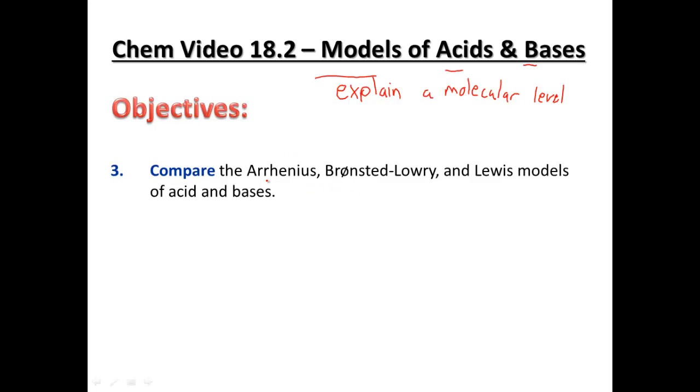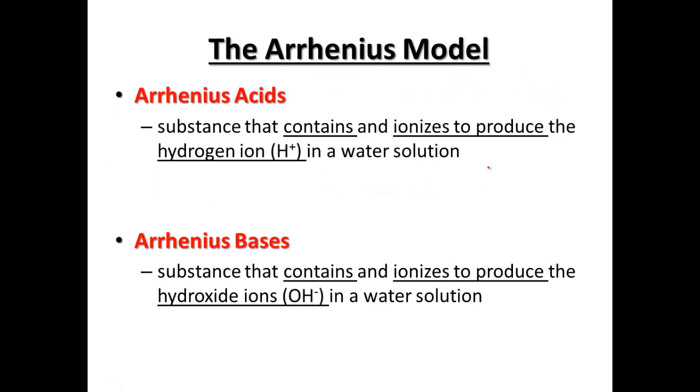The models we're going to look at are the Arrhenius model, the Bronsted Lowry model, and the Lewis model. Bronsted Lowry is the one we most commonly use. We'll also use some of the Arrhenius model, and we're only going to look at the definition of the Lewis model, describing acids and bases.